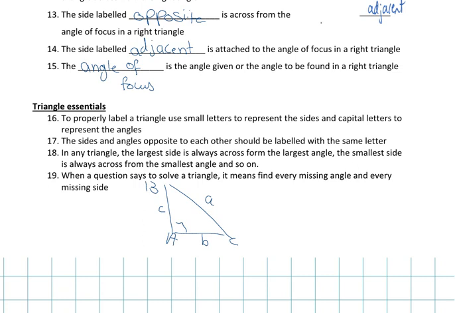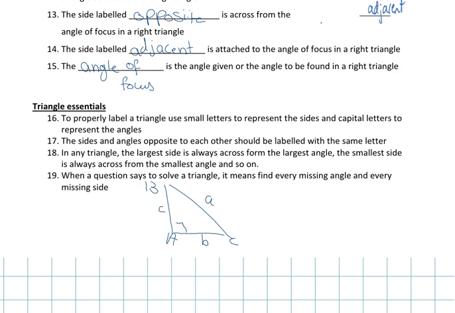Now, what did we say the largest side would be in a right angle triangle? The hypotenuse, and that's because it's across from the largest angle. What would the angles add up to in any triangle? 180. This angle here has half of the 180, so it has 90 of the 180.